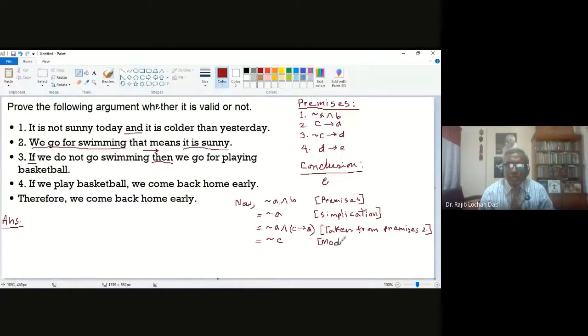If you write this, fine. If you do not know the name, that is also fine. But this is how we apply the inference rules. So the rule name is modus tollens.